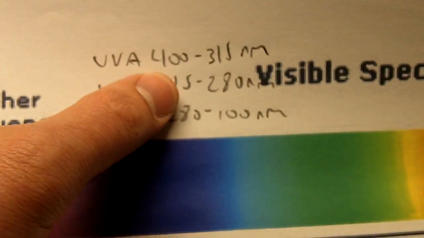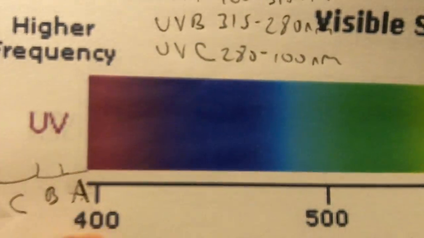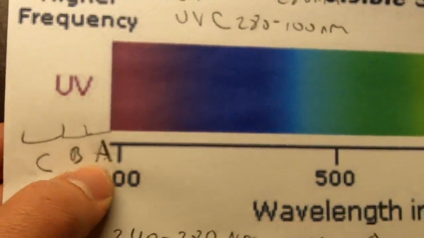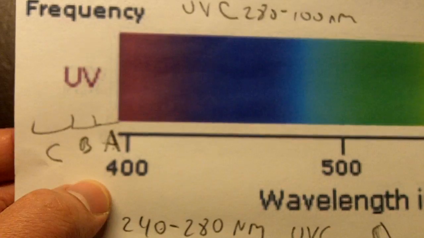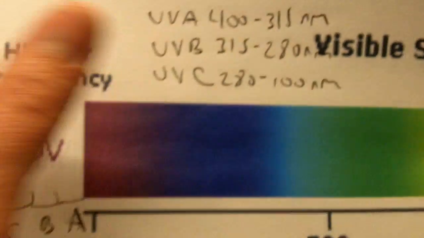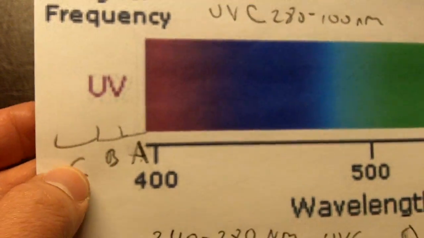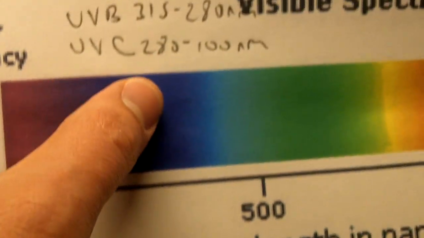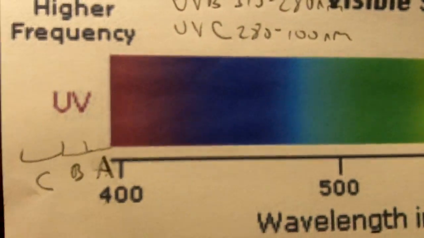UVA goes from 400 to 315 nanometers, so just under 400 nanometers. UVB is between 315 and 280 nanometers, and UVC goes between 280 and 100 nanometers.